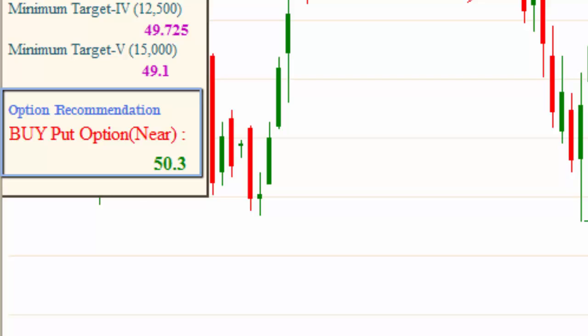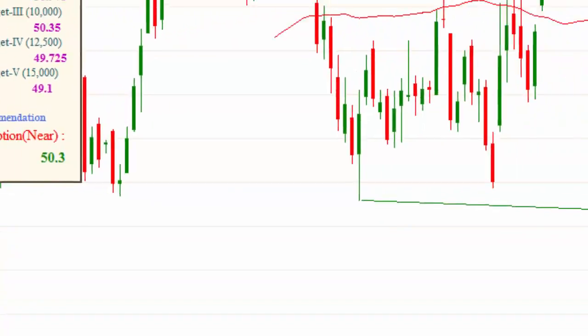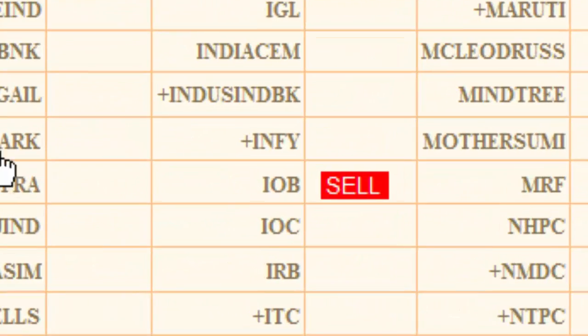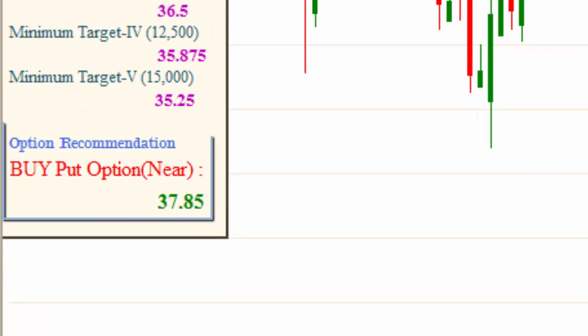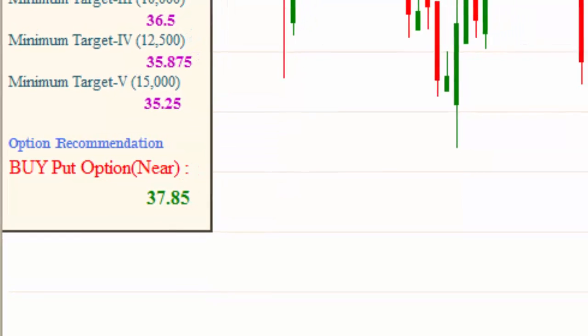This option recommendation is based on the buy and sell. If the equity is a buy, then the call option strike prices are available, and if the equity is a sell, the put option strike price is available. So we can use this equity EOD chart for equity positional trading as well as options positional trading.